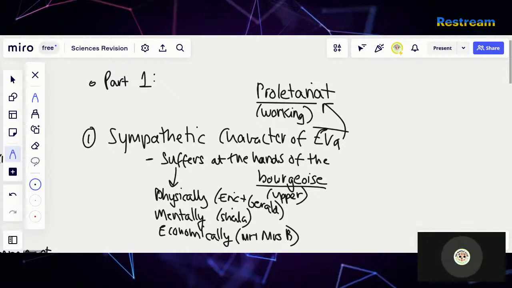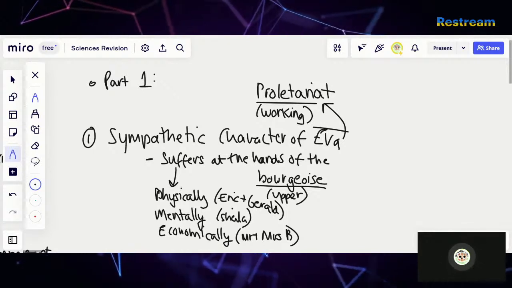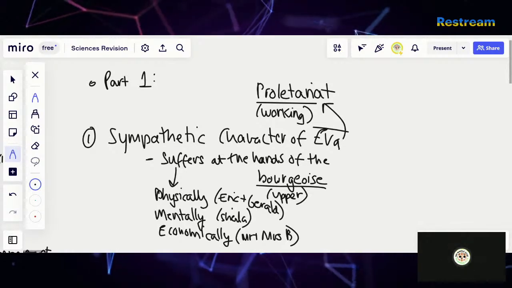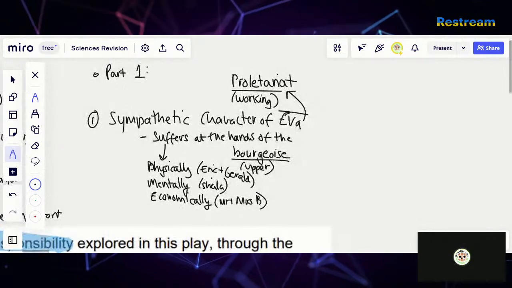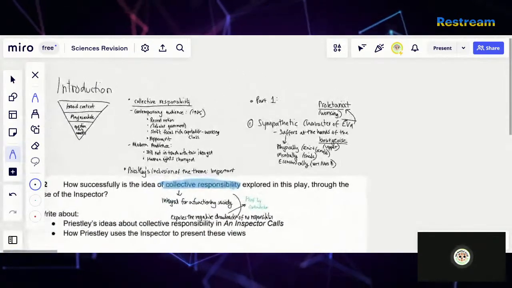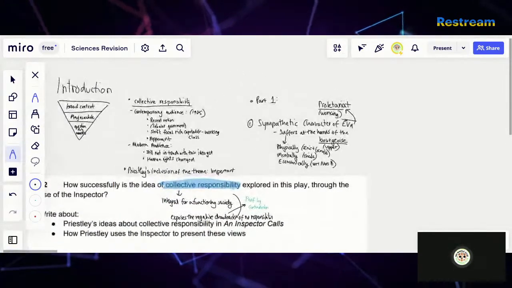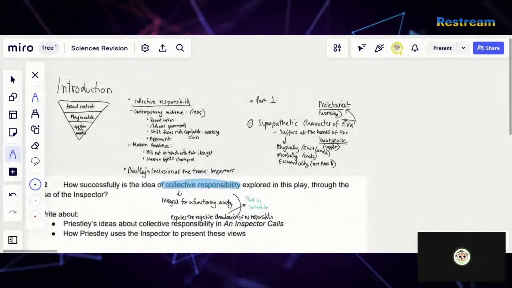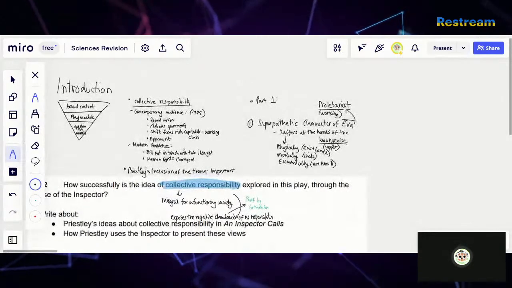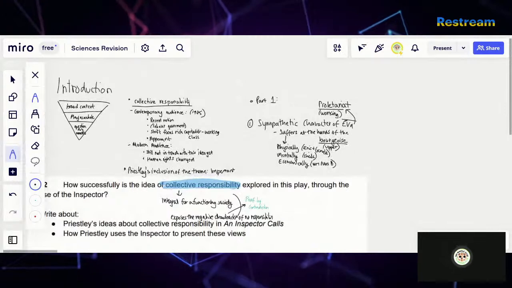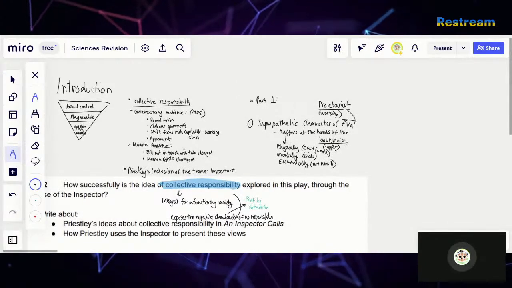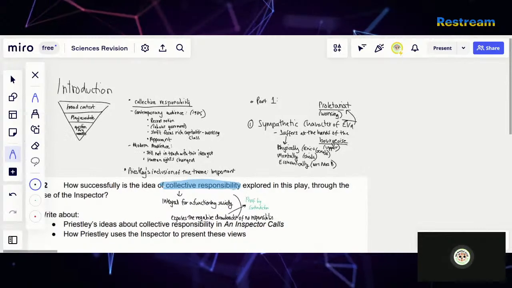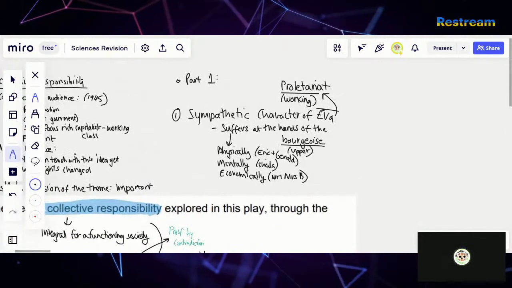So you could talk about the different ways in which Eva suffers at the hands of the bourgeoisie, which describes and defines that idea of the lack of collective responsibility. So here Priestley is saying that due to the lack of responsibility and due to the suffering, that is how collective responsibility is portrayed in the play.